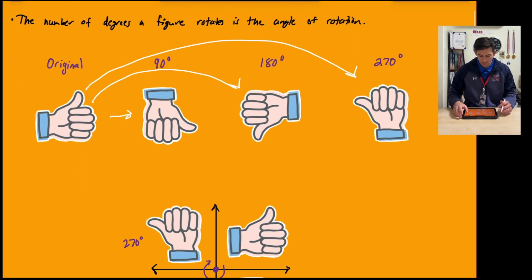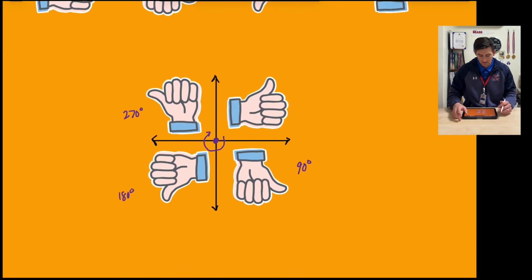Okay, so now let's look at what this would look like on a coordinate plane with an X and a Y axis. So let's say we're starting here in quadrant 1 with our original shape, thumbs up, and we're going to reference these rotations as clockwise. We'll talk about counterclockwise in just a minute, but as far as clockwise, a 90 degree clockwise rotation would take us down here into quadrant 4.